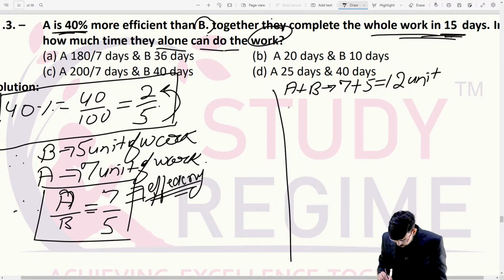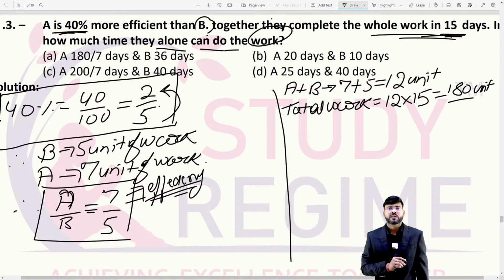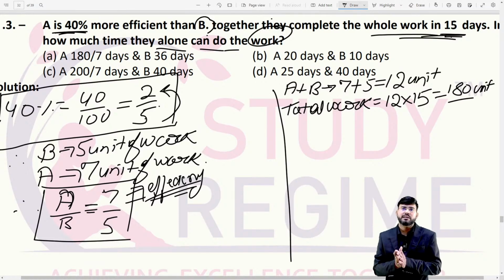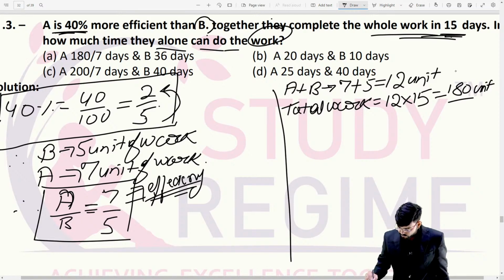So, total work will be 12 into 15, that is 180 units. Why? Because they both are doing 12 units of work in a day and they complete the whole work in 15 days. So, the total work comes out to be 180 units.